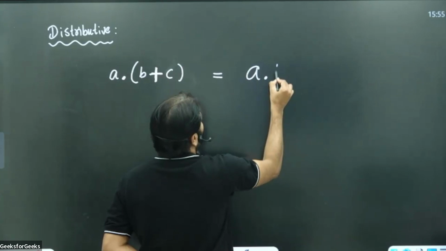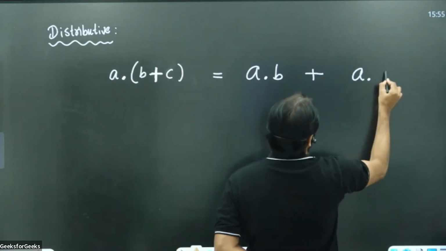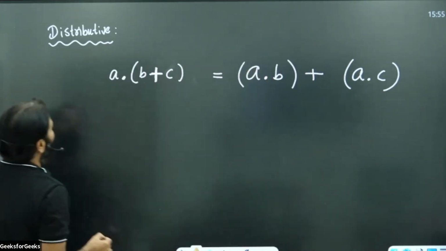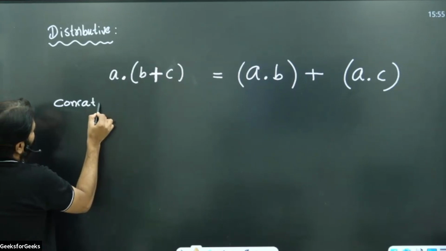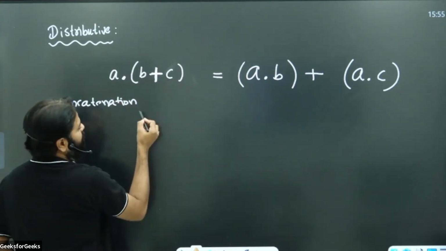A dot B plus A dot C. This distribution is called as concatenation distributed over the plus.